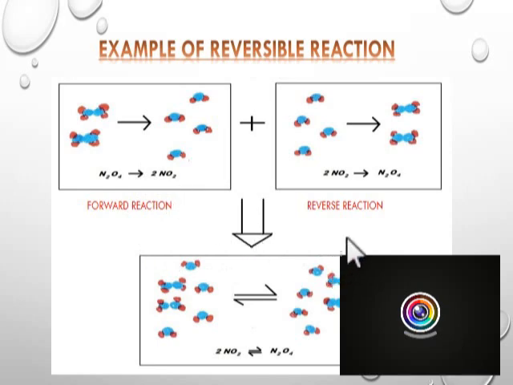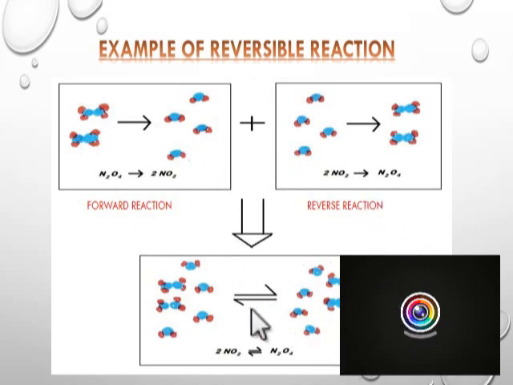For the reverse reaction, we have written 2NO2 converting into N2O4. In the third one, we have written both reactions simultaneously, shown by using two half arrows, because both forward and reverse reactions are taking place at the same time. So we say it's a reversible reaction.